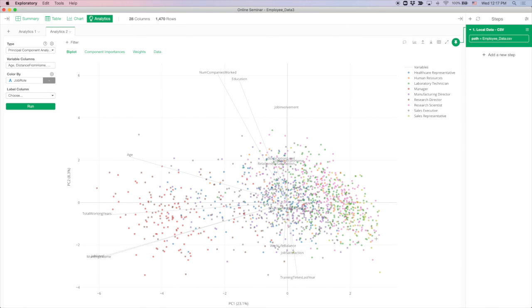So from this data, we can say sales reps and laboratory technicians are probably of younger age, and managers and research directors are of higher or older age. This is the kind of information we can get out of this.